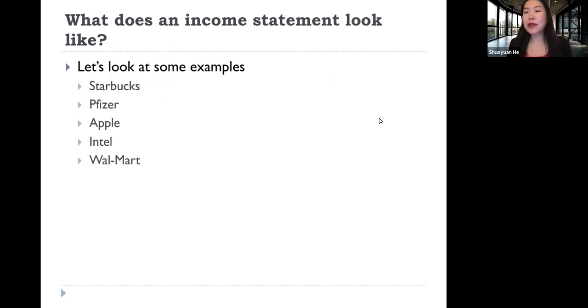What does income statement look like? So here I have some examples for you. Those are 5 examples from 5 firms: Starbucks, Pfizer, Apple, Intel, and Walmart. If you go on Island, you are going to see there's a handout there. So please look at the blank income statement handout.